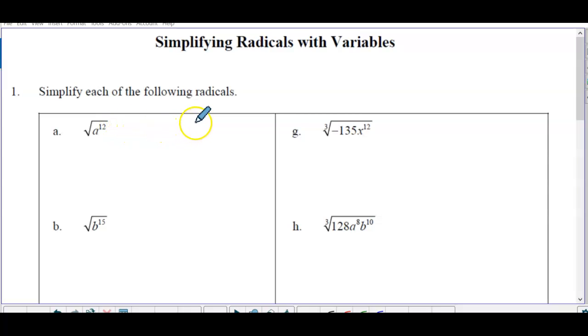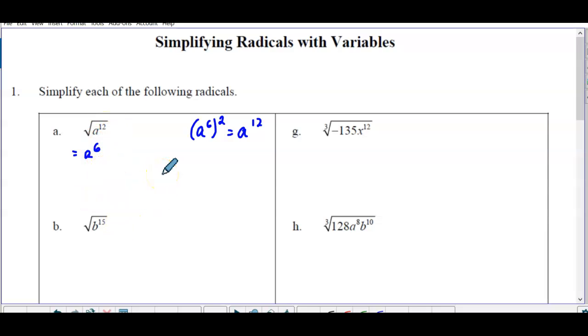Remember, a to the 6 squared is a to the 12. When you're taking the square root, you're looking for one of the two equal factors, so that's a to the 6. Fast way is to divide the exponent by 2. Okay, so that's a to the 6.